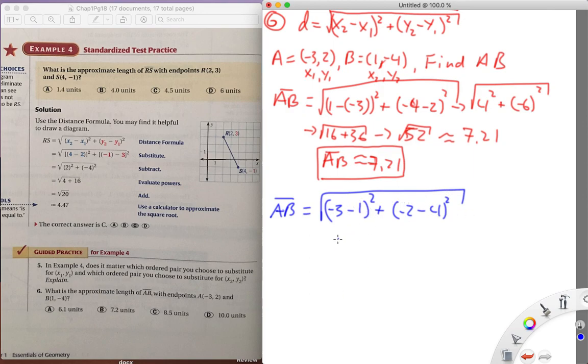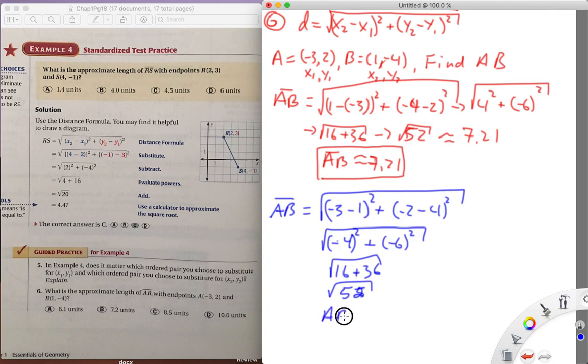That gives me negative 4 squared plus 6 squared, which gives me 16 plus 36, which also gives me 52, which also gives me 7.21.